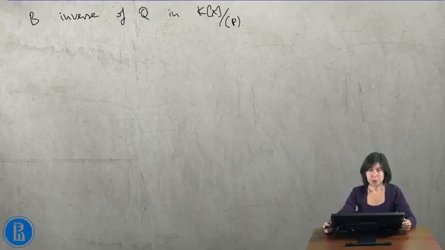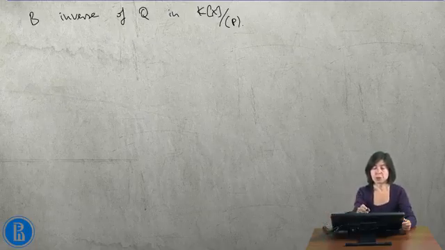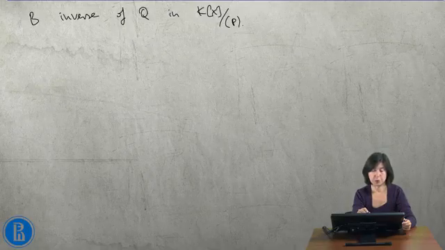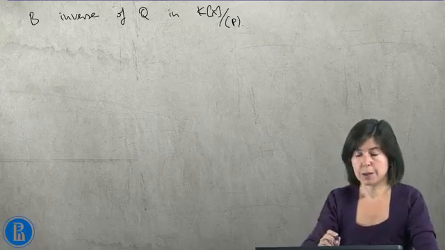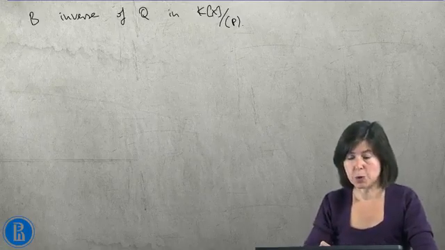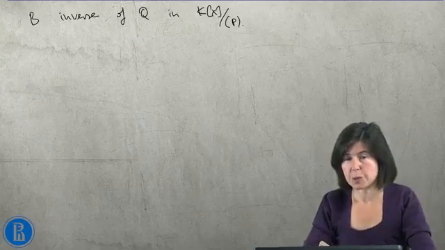So let me continue with my third example. We have been considering the quotient of the polynomial ring over K by the ideal generated by an irreducible polynomial P. And we have seen that this is a field. I would like to say the same thing in a slightly more sophisticated language, but it amounts to the same.